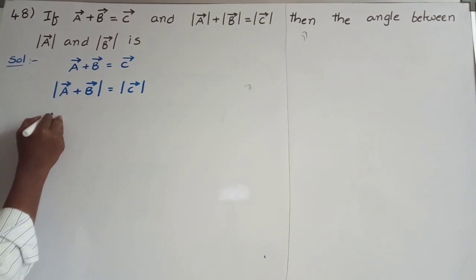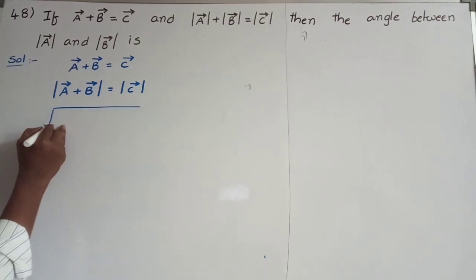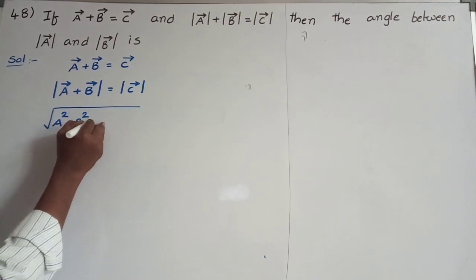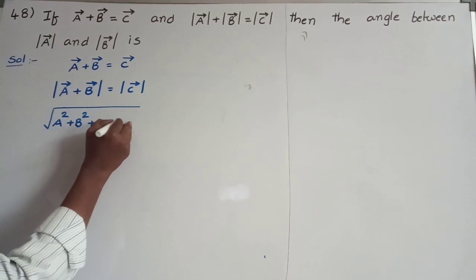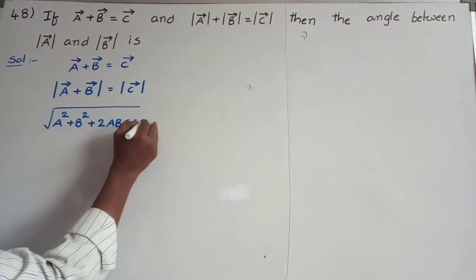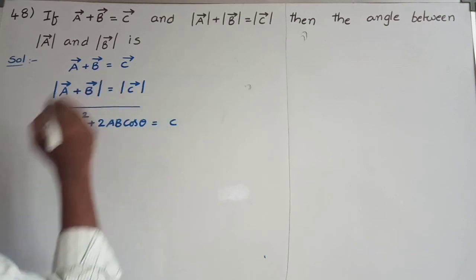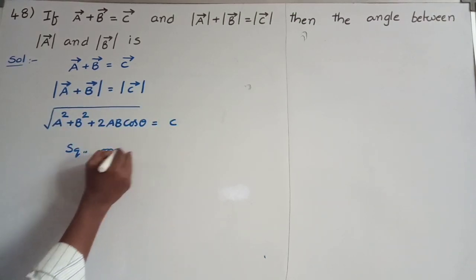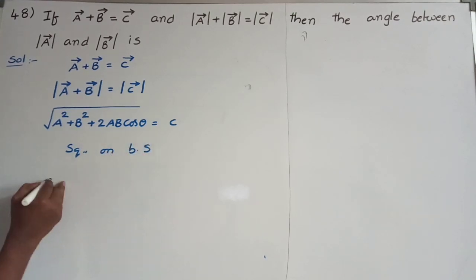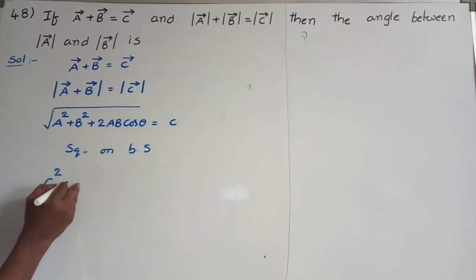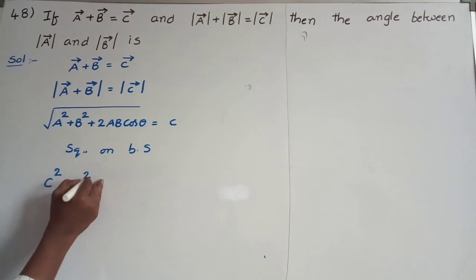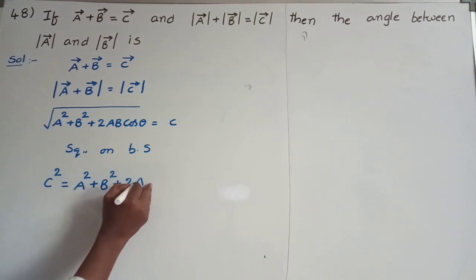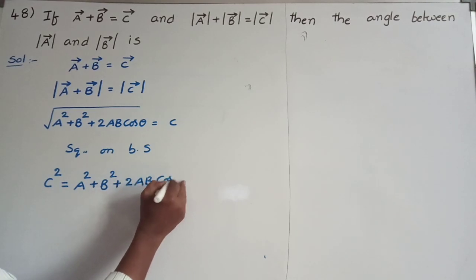So the magnitude of A bar plus B bar is equal to under root of A square plus B square plus 2AB cos theta, is equal to C. Squaring on both sides, then we get C square is equal to A square plus B square plus 2AB cos theta.